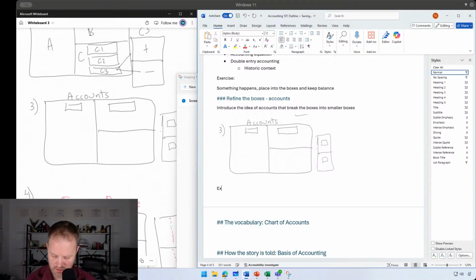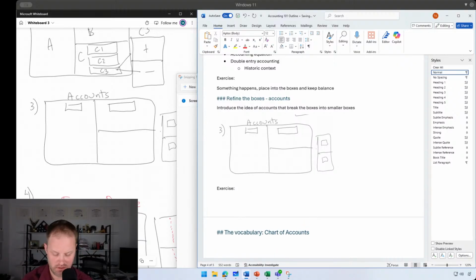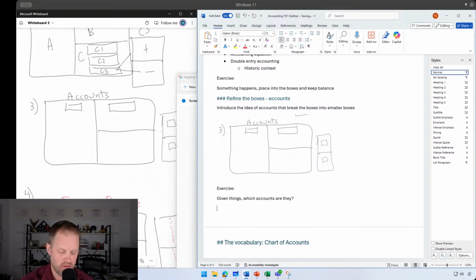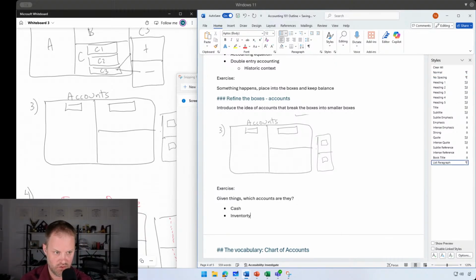So then the idea is, given things, which accounts are they? Well, this is cash, inventory.